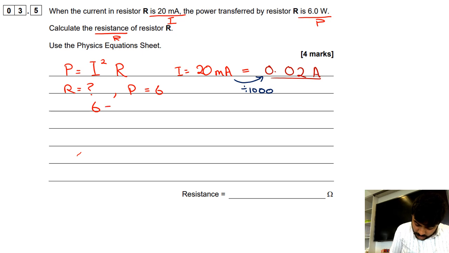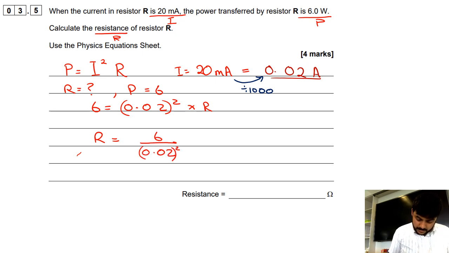Then I do my substitution. 6 is equal to, power is equal to 0.02 squared times resistance R. Next, I rearrange. R is equal to 6 divided by 0.02 squared. Finally, I write down what the answer is, which is 15,000 ohms.